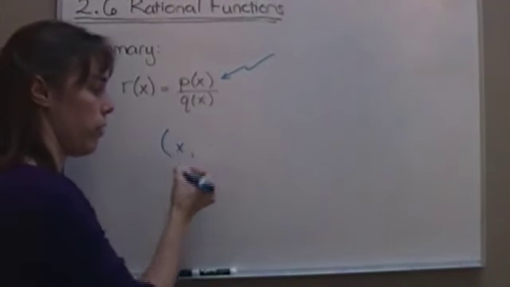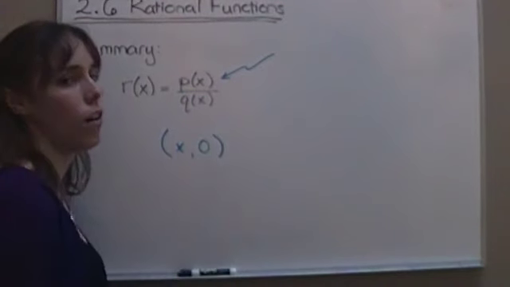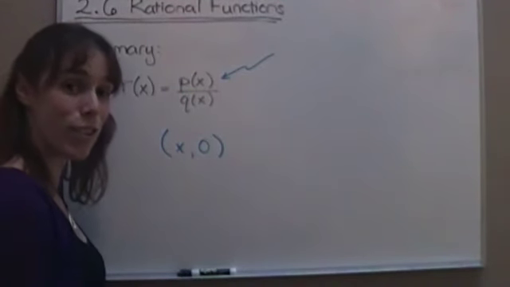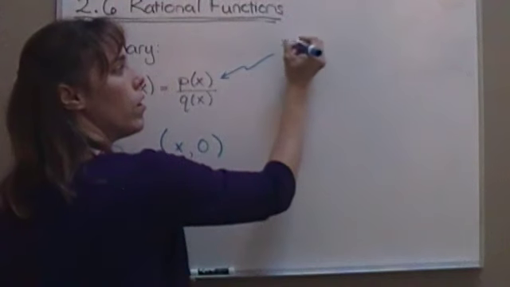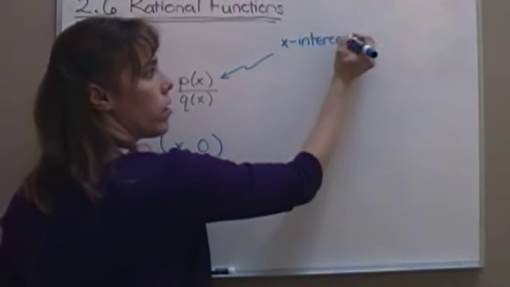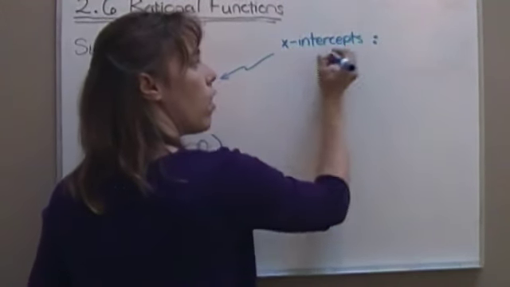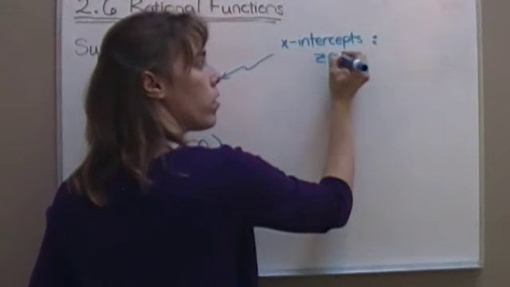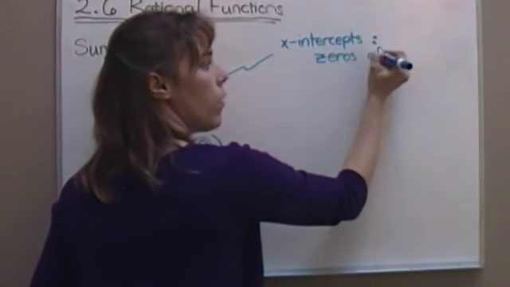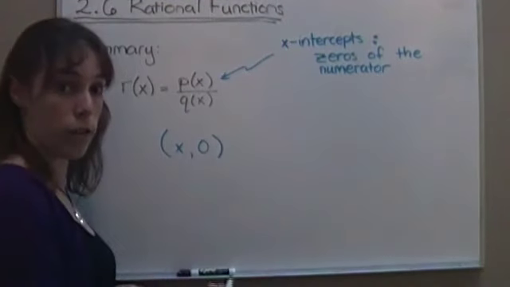Pick some x value, and I've got a y value of 0. Oh, what is that? That's an x-intercept, right? So the x-intercepts of the function are the zeros of the numerator.